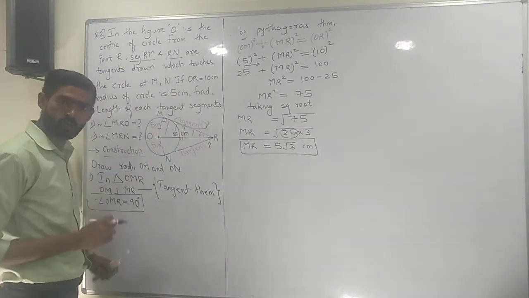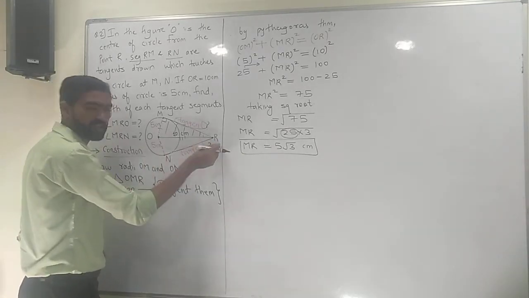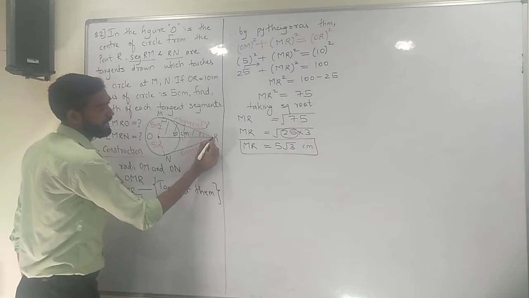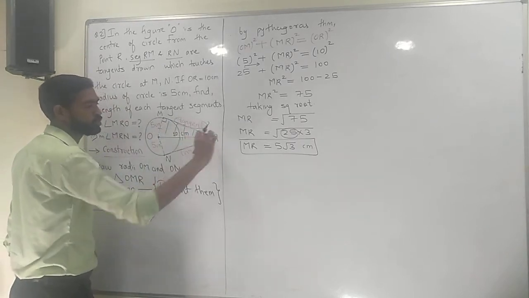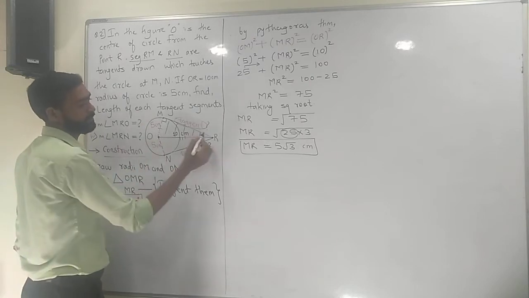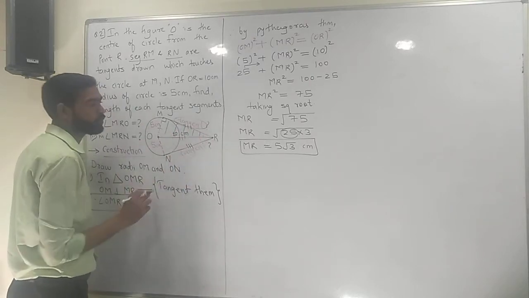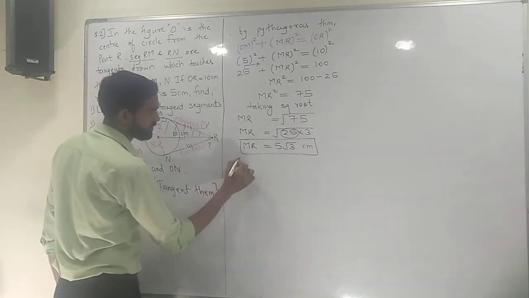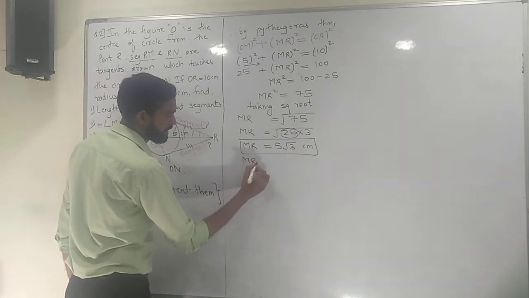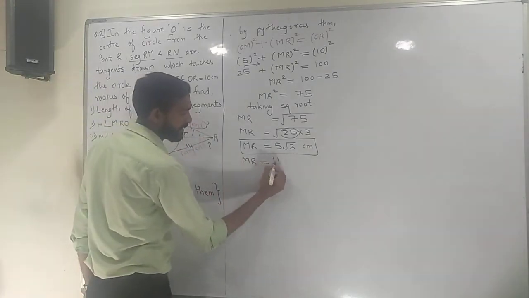Right? Now what else do we know? We can see here, this point R is an external point. From that external point we have drawn two tangents on the same circle. It means the length of both tangents will be equal. So I can write here MR is equal to NR.